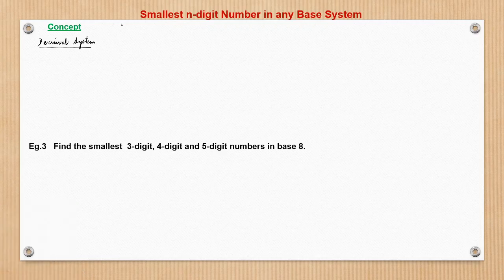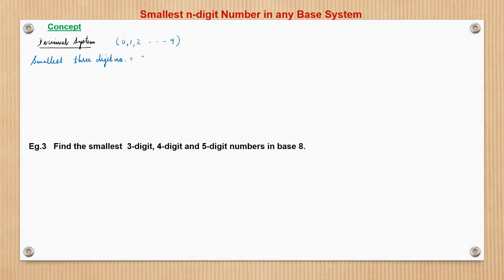If I have to find the smallest 3-digit number, what would that be? In the decimal system, the permitted digits are 0, 1, 2 till 9.